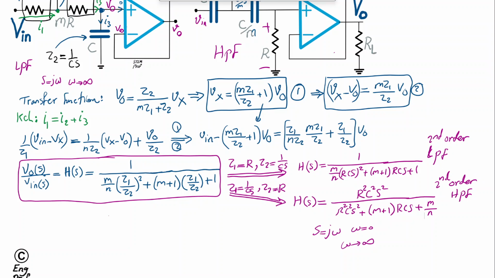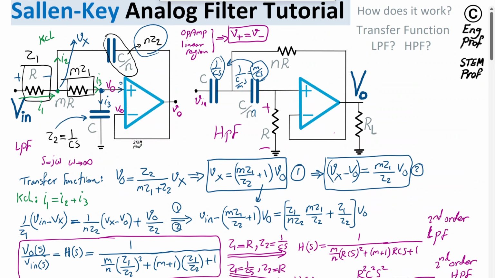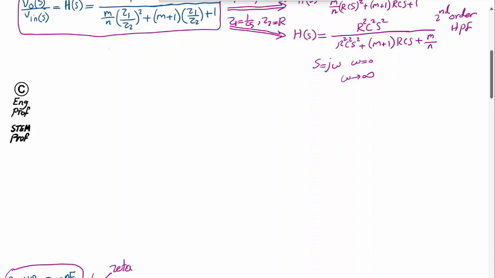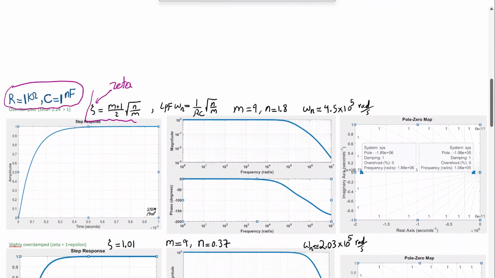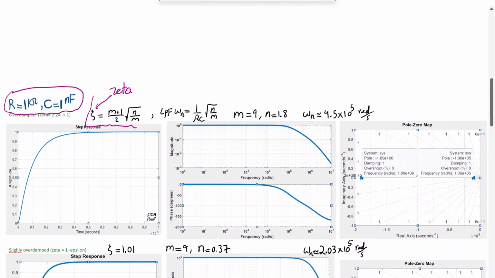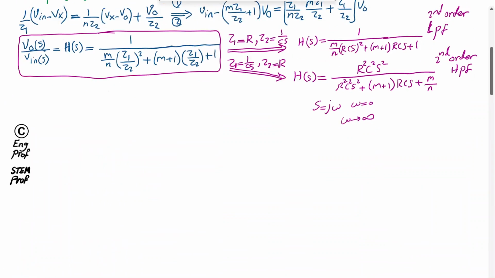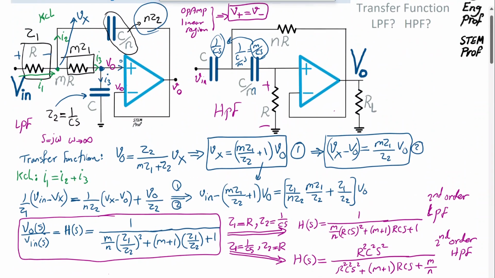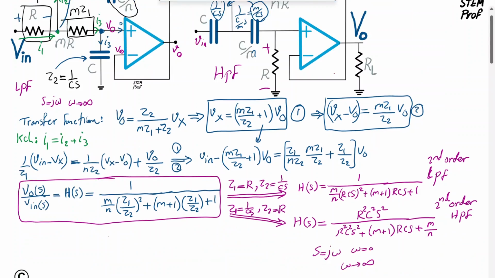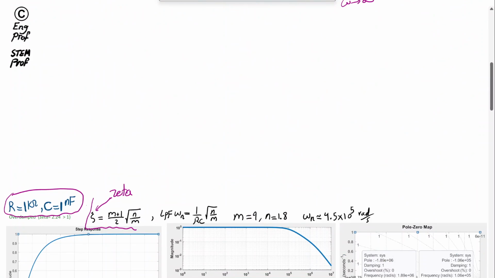Okay, so now we know the source of these two topologies or realizations of the Sallen Key analog filter for low-pass and high-pass filter. Let's examine the choices that we have. When we are designing a Sallen Key filter, we need to be careful. For instance, in the design that I'm presenting here, I'm going to just draw it here.